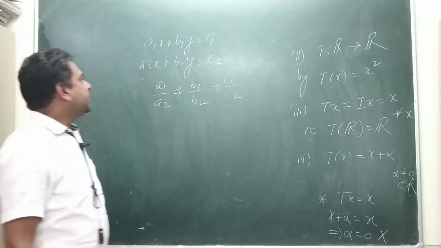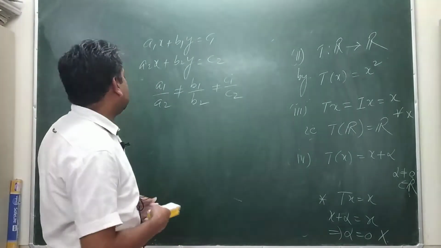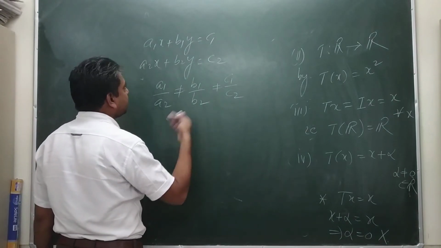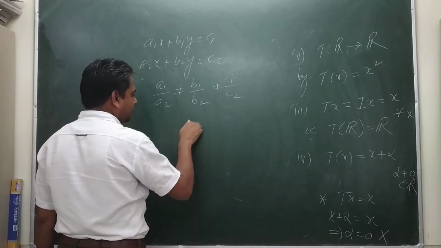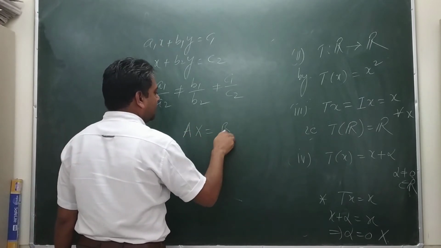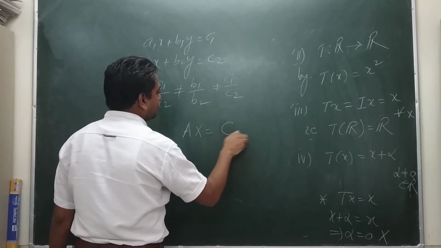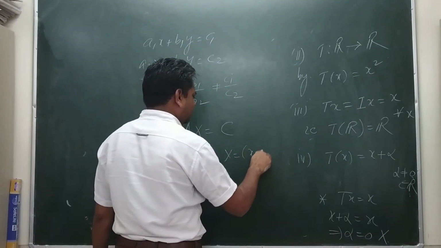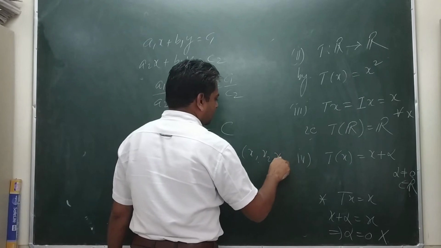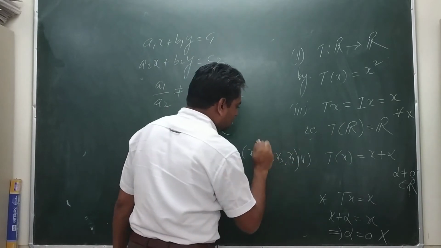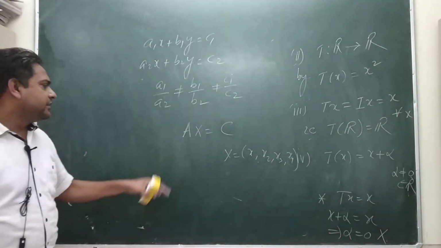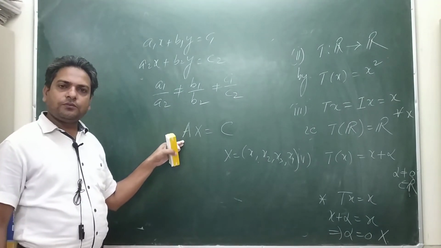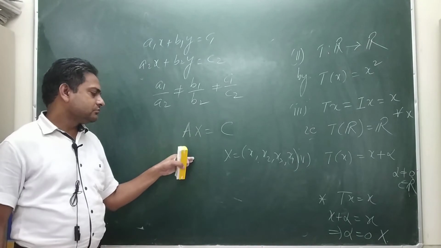But if we consider a bigger system of linear equations, maybe in 4 variables or 5 variables, like Ax equals b, here my x basically contains 4 components, and there is a coefficient matrix of order 4 by 4. So here I have 4 variables and 4 unknowns.